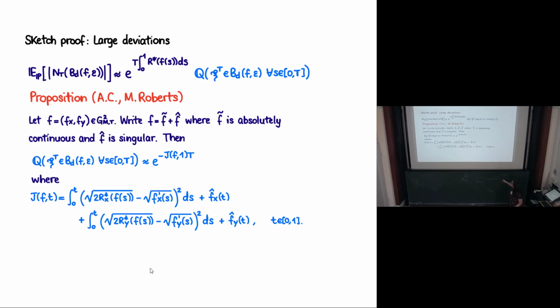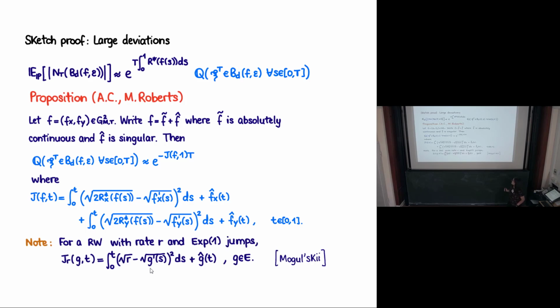What we will show is, I have this expectation, I found the first term, and now I want to estimate this probability. This is just repeating from the previous slide. So what we find is the rate of decay of this probability, and it's going to be a functional depending on f. I want to comment on the form that this functional takes.